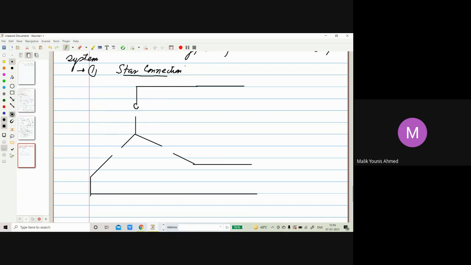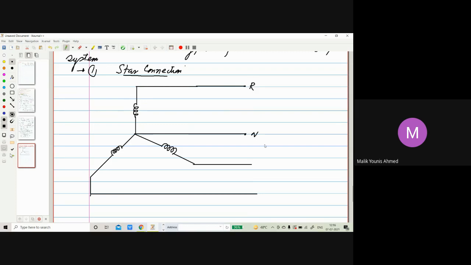We can have an impedance, the reactance, here only. One more wire will be there, that is the neutral point. Also, this neutral wire will be there. So this we call R line representation.